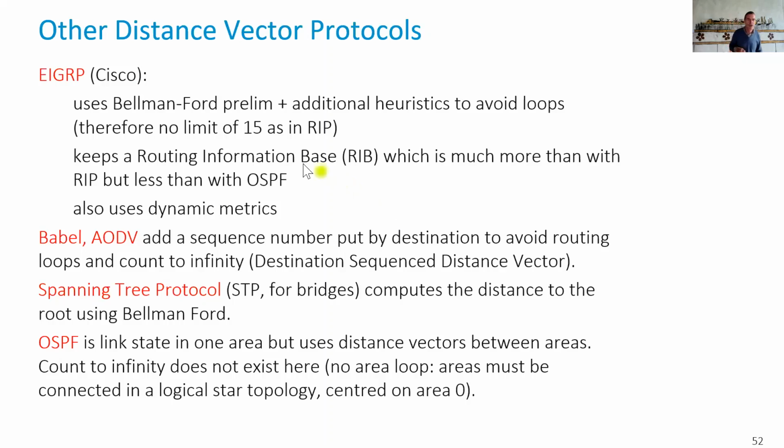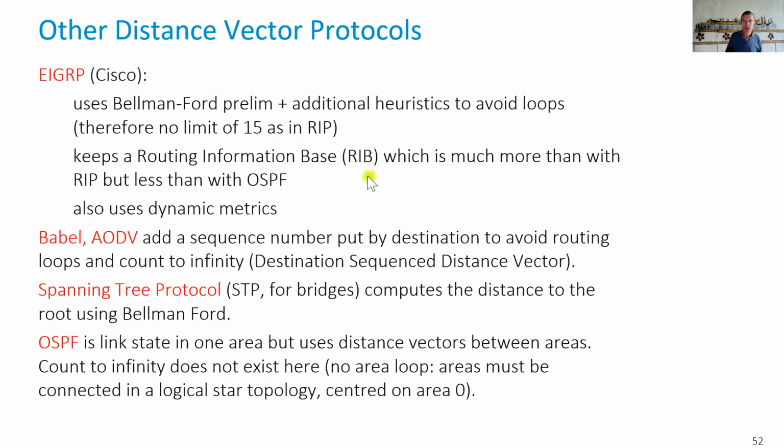Distance vector is used in other protocols, for example, in the context of mobile ad hoc networks, you have AODV. In the context of data centers, you have Babel. And in enterprise networks, a competitor to OSPF, which is less popular now, but still used quite a lot, is EIGRP, which also uses Bellman-Ford but, unlike RIP, uses some additional information.